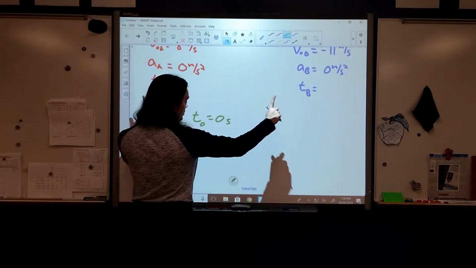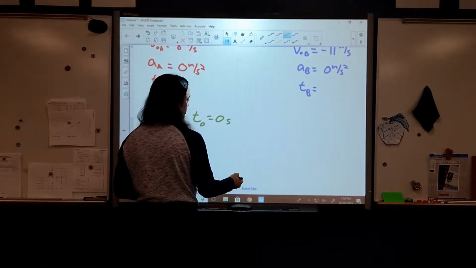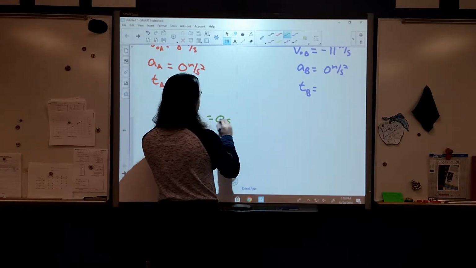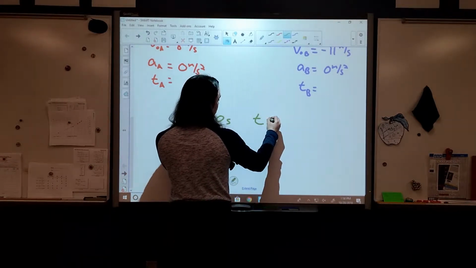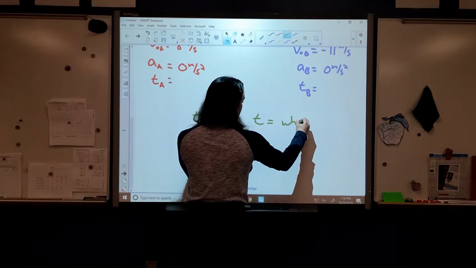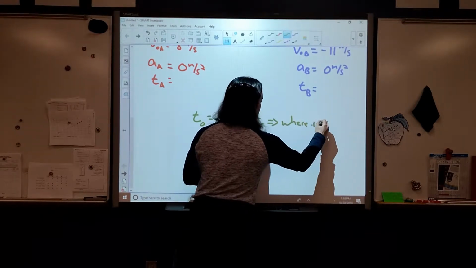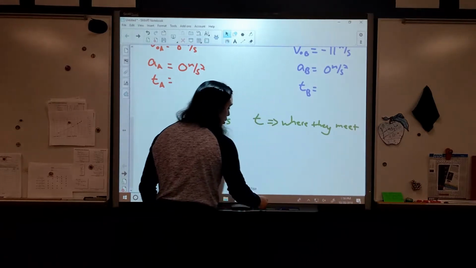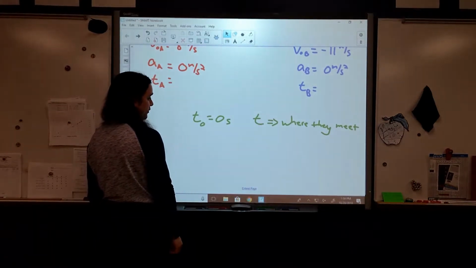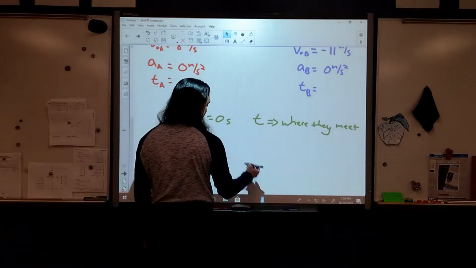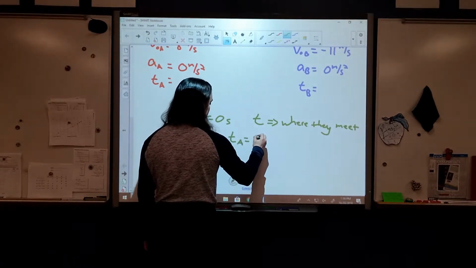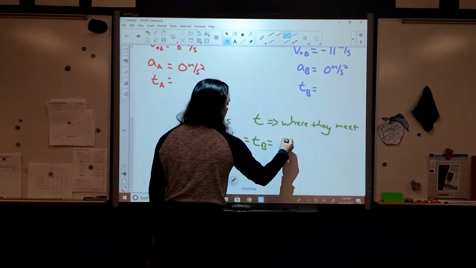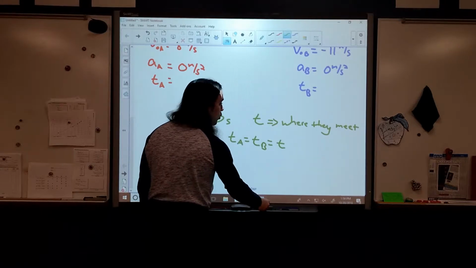So we start the stopwatches as they begin running 10 kilometers apart. And that we are looking for some time later, t, where they meet. And that time will be the same for both of them. So time A will be equal to time B will be equal to t, where they meet.